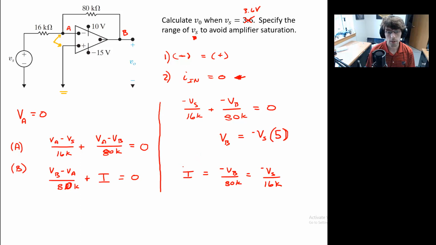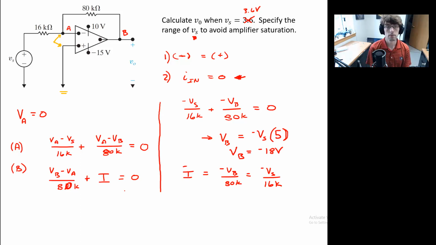Okay. Well, of course, the problem is asking us up here. Okay. And it says that Vs is 3.6. So 5 times 3.6, well, 5 times 3 is 15, plus another 3. So this would be 18. So VB would equal negative 18 volts.